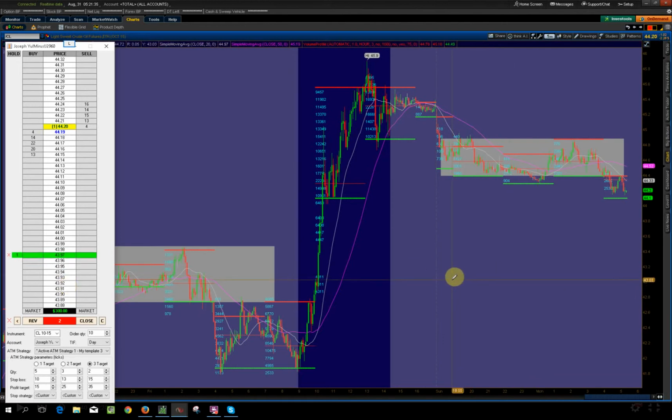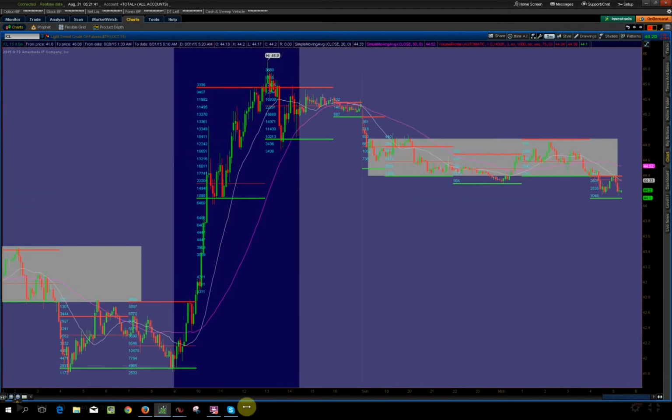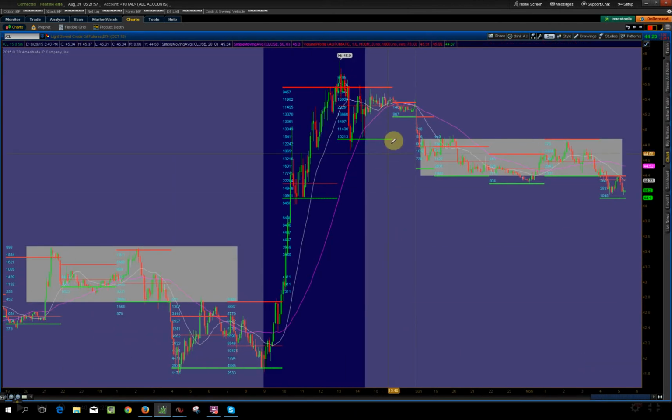But again, the main thing is you got to look in context of this today. So we had a downtrend within this context. We're looking for additional entries. There really wasn't any once it did kind of push down. What you could have done is looked at some of these areas down here.